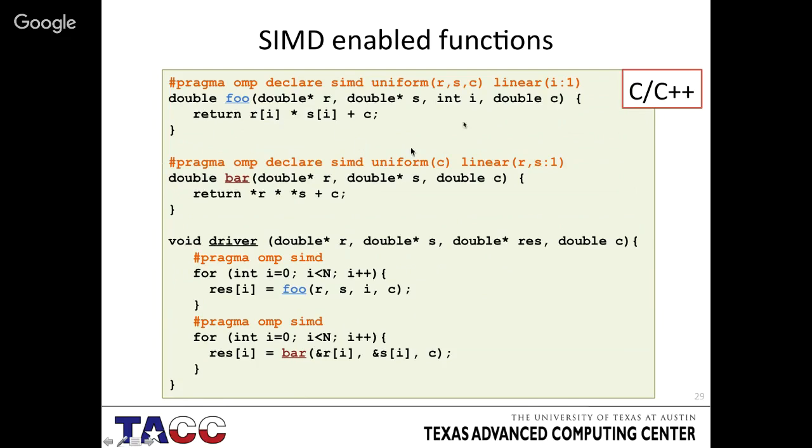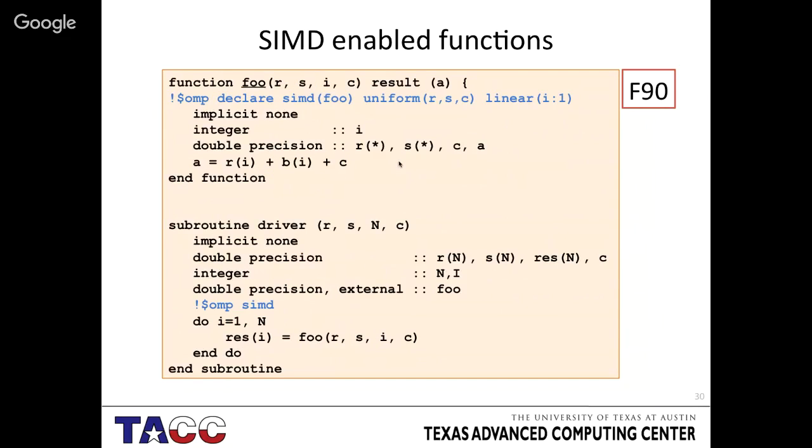Generally you would see this in some other file, and then in your driver, wherever you're compiling that, you're specifying SIMD. You have the prototype, which also specifies this stuff up here. So in the main program or the driver, you have all that information that goes into the vectorization, and on the compiler side, when it's compiling that function, it knows that information. That's basically how it's to be used.